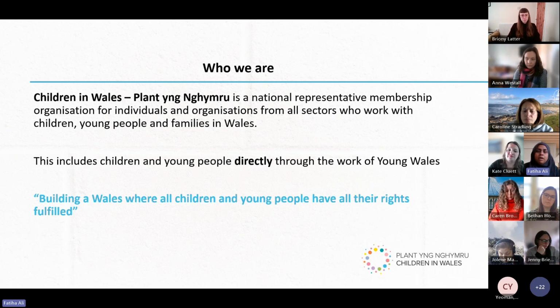The ethos behind the organisation is building a Wales where all children and young people have all their rights fulfilled. A lot of the work we do is based around children's rights, and specifically the UNCRC, which we will tell you a bit more about today.